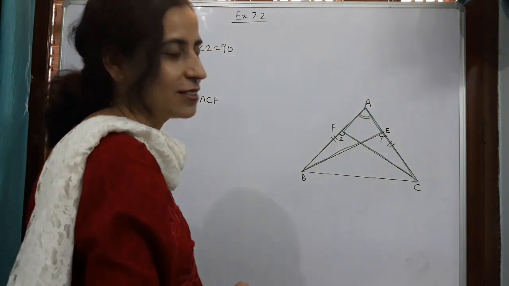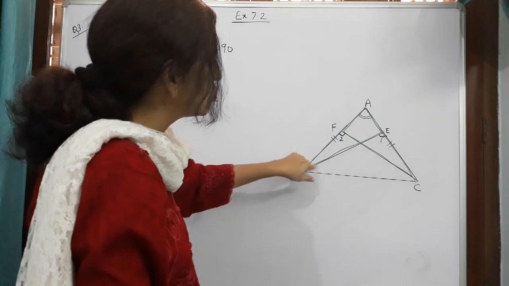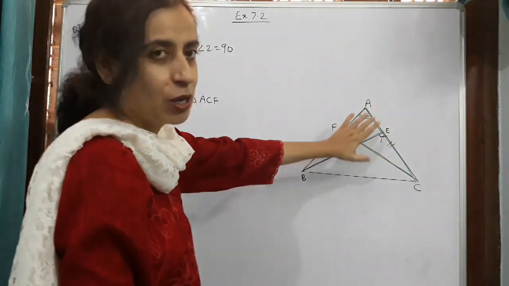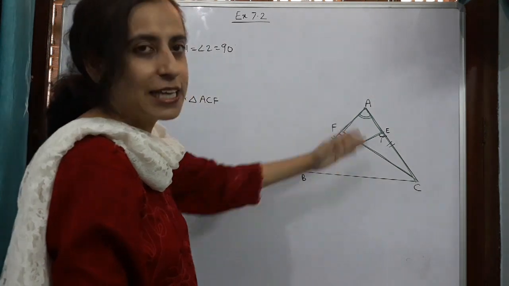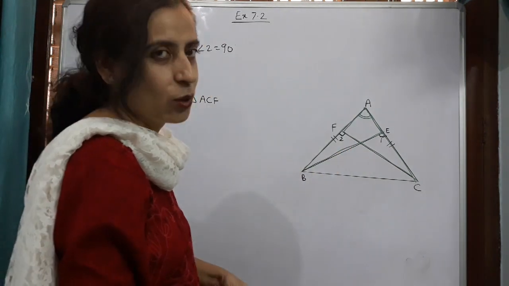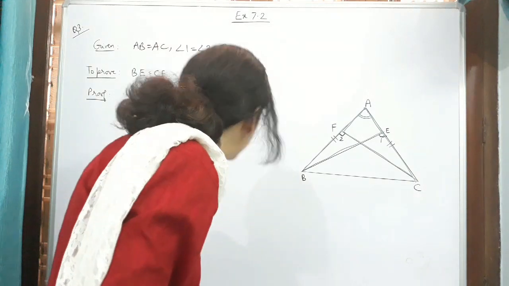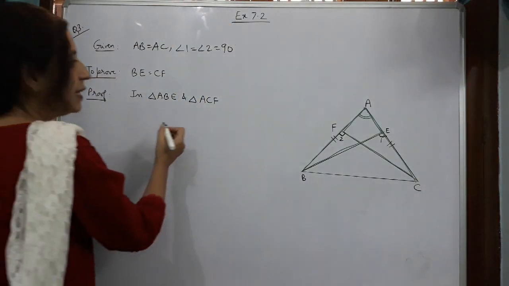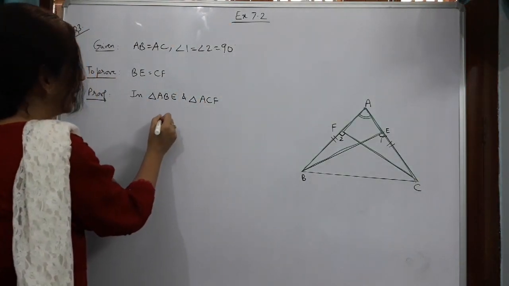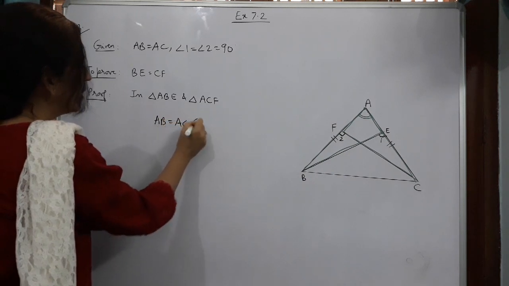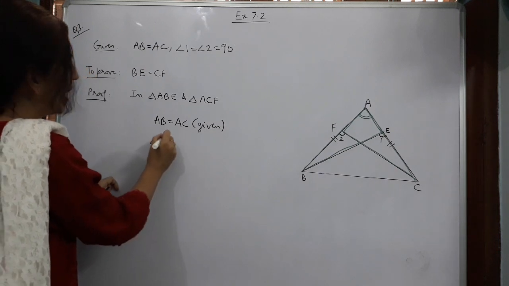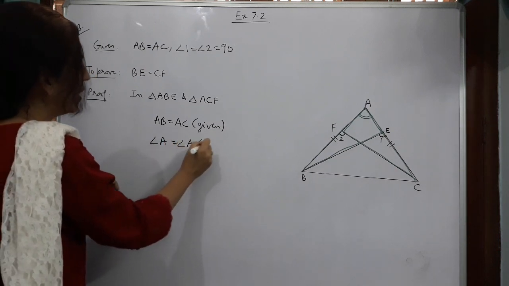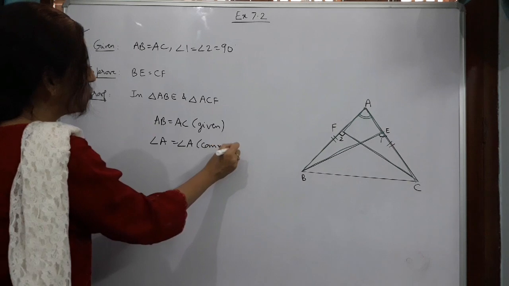So we will prove these triangles to be congruent, and if they are congruent, then by CPCT we will obtain that BE is equal to CF. So let us write down over here, in these two triangles AB is equal to AC. This is given to us. Angle A is equal to angle A, the common angle.